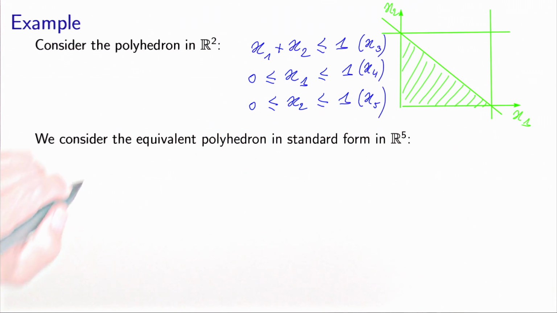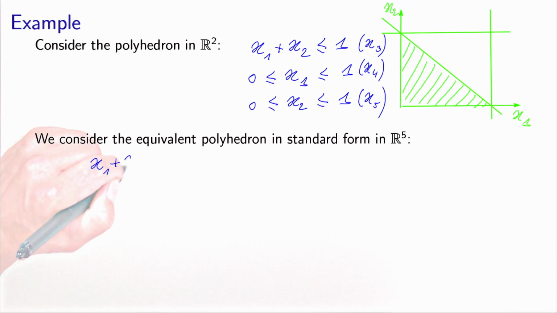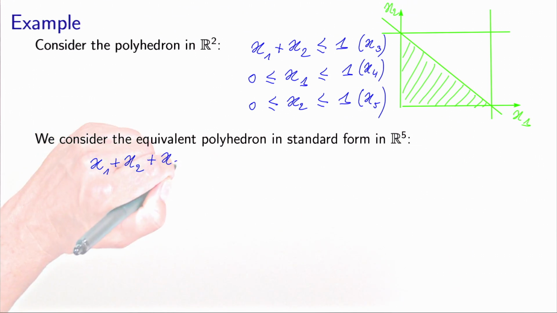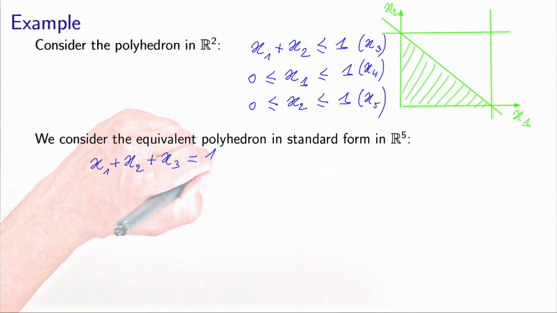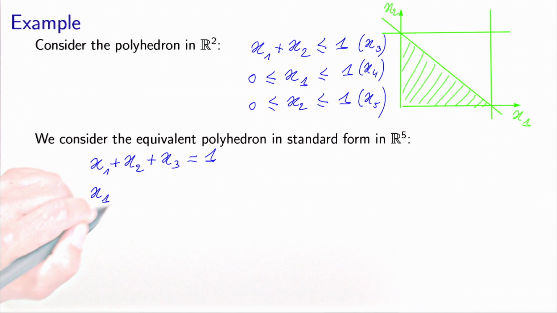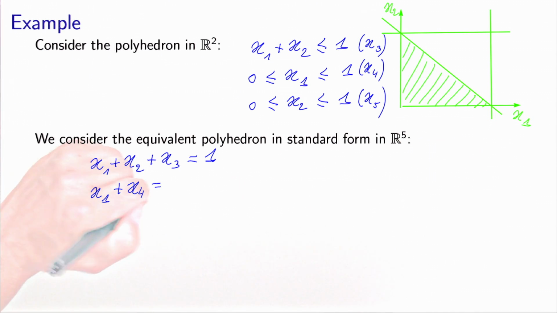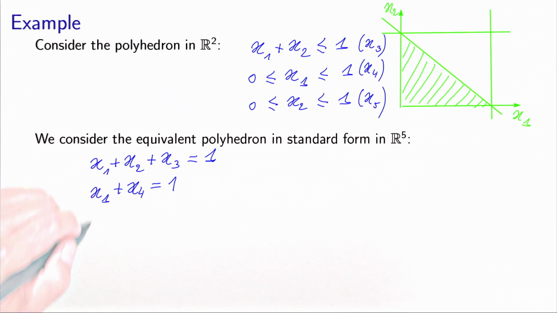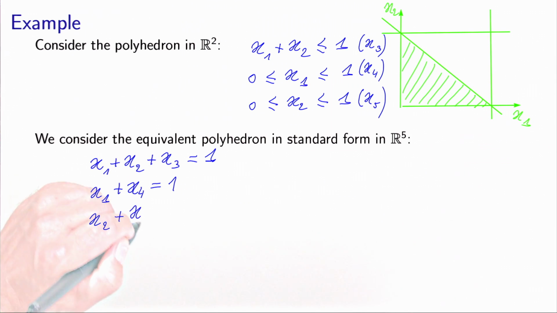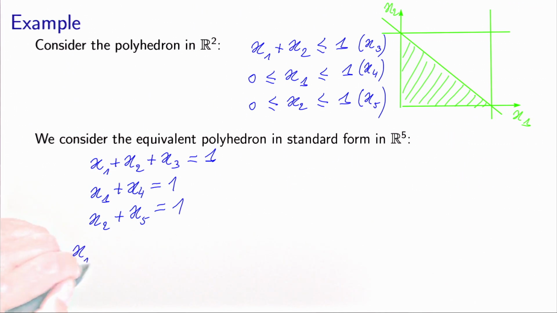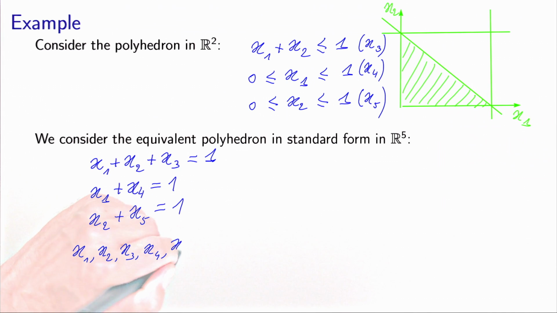So what we obtain is x1 plus x2 plus x3 equals 1, x1 plus x4 equals 1, and x2 plus x5 equals 1. And all variables x1, x2, x3, x4, x5 must be non-negative. So this is the representation in standard form of the triangle that we have plotted here.